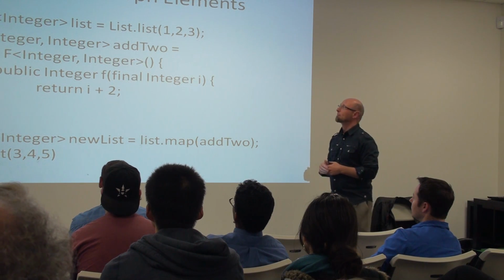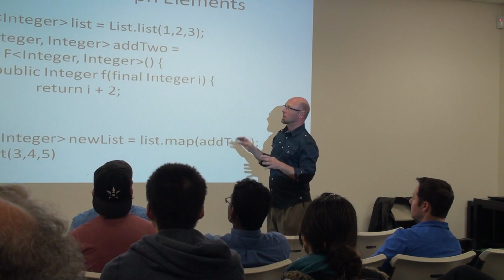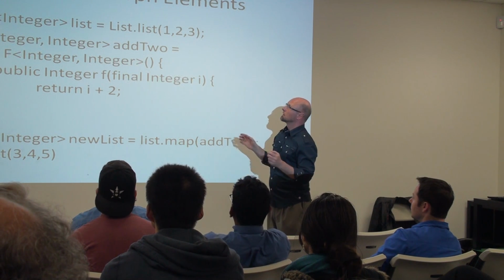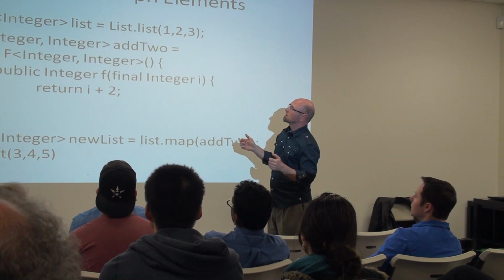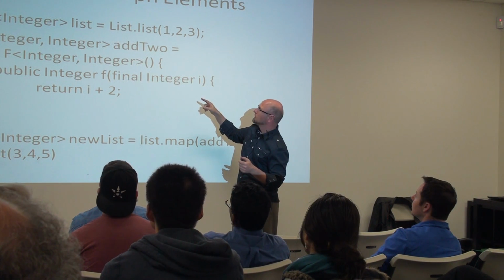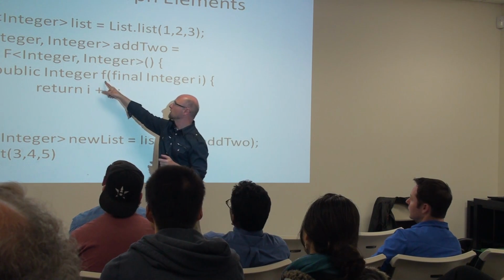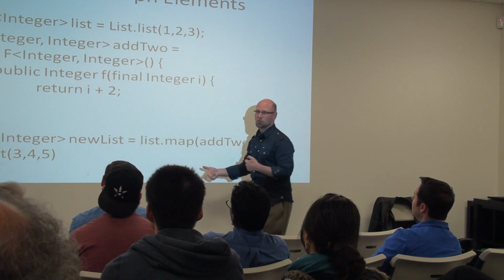Okay. So, essentially, F stands for function. So capital F means it's a class. We create a class that has exactly one method, which is called F, which is the function that gets called.